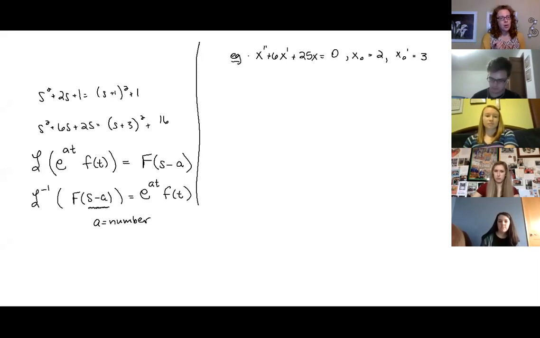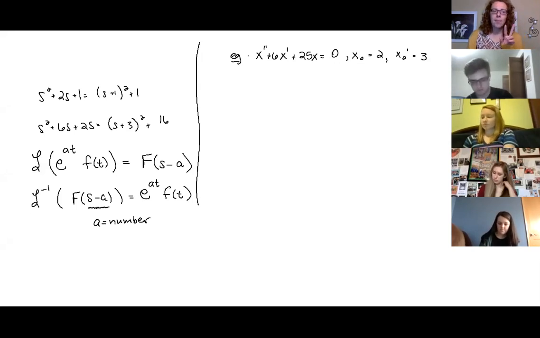Here's what I want you to do on your own for just a second, steps 1 and 2. Take the Laplace transform of both sides and then solve for capital X of s. The equation is x double prime plus 6x prime plus 25x equals 0, x naught is 2, x prime naught is 3.